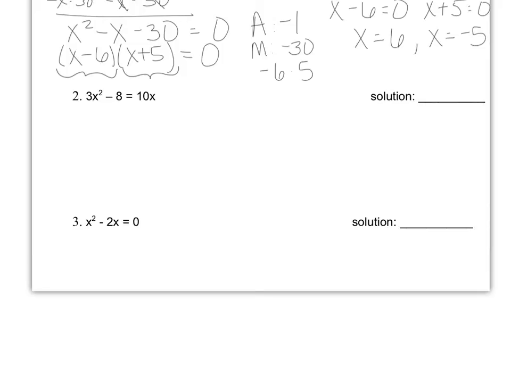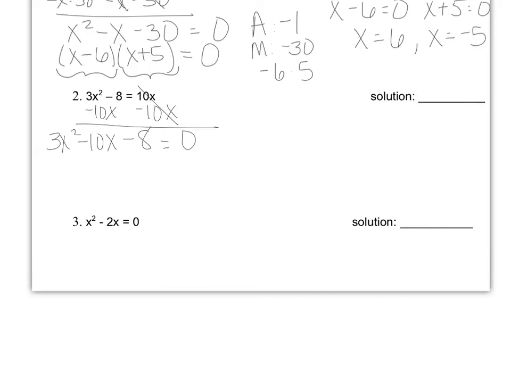Notice that it's a +3 x squared, so we want to keep it positive, which means we would want to subtract 10x on both sides of your equation. Make sure you put it in standard form of a quadratic, so x squared needs to come first. Then your x term, so minus 10x. Then your constant, which is just your number, so -8.